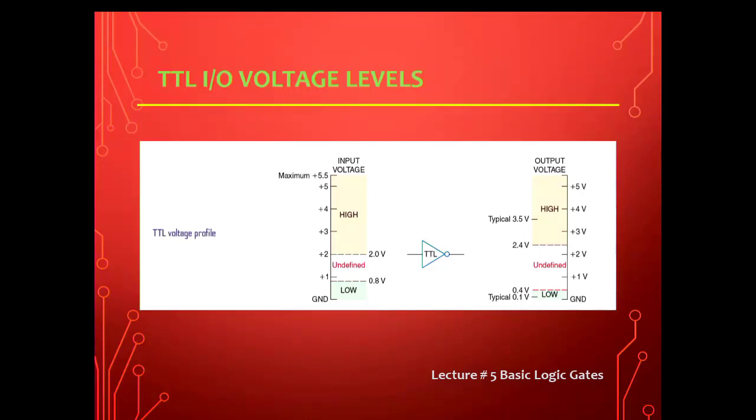That may just induce some kind of noise or voltage. And if that noise or voltage is of this magnitude right here, it might just move our logic from low to an undefined region, causing faulty behavior. So that's why it's very important to know these levels.